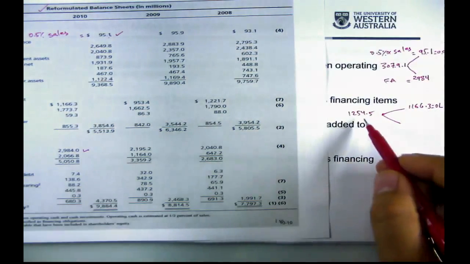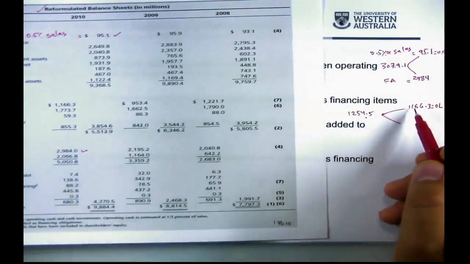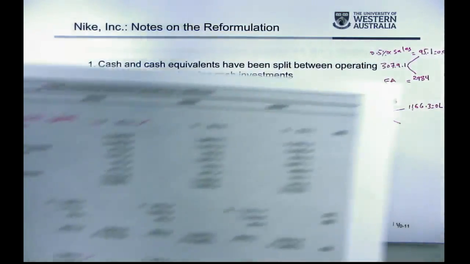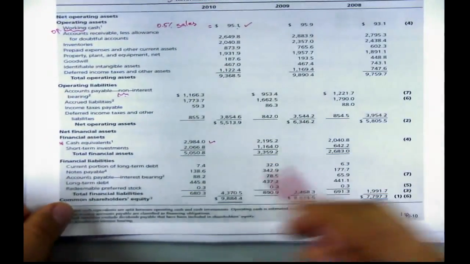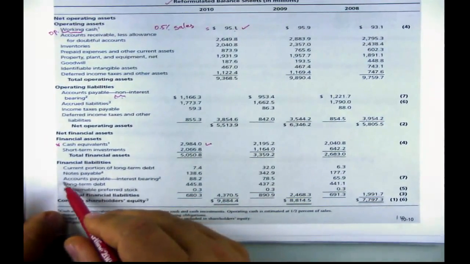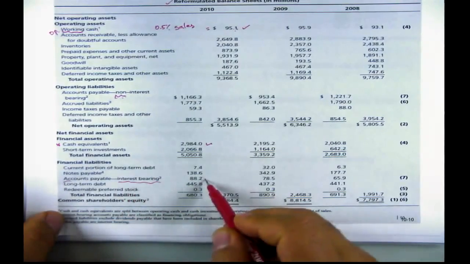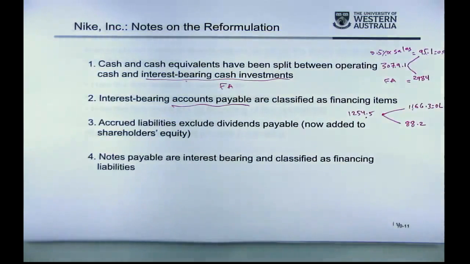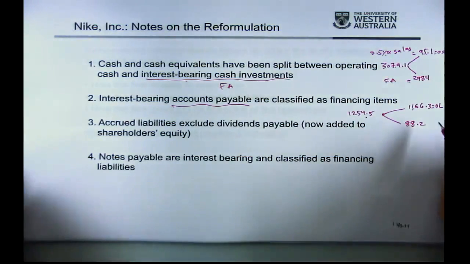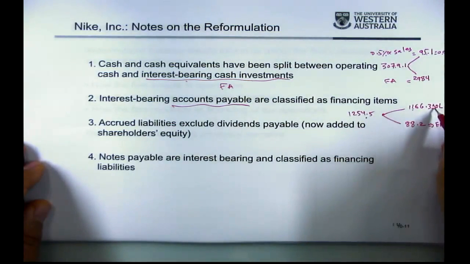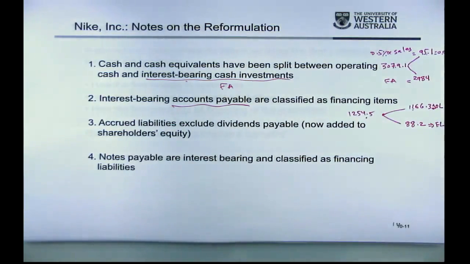And the remaining balance, original amount minus this one, is treated as a financial liability. Where is that? This one, accounts payable, interest bearing, 88.2. So it is treated as a financial liability. Make sense? Is it okay with you?